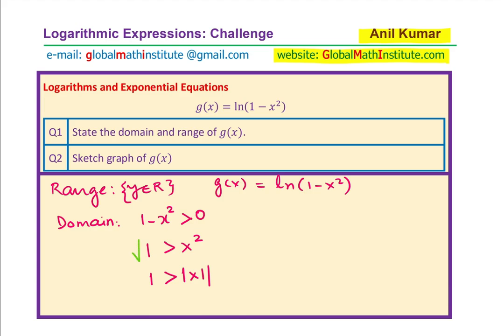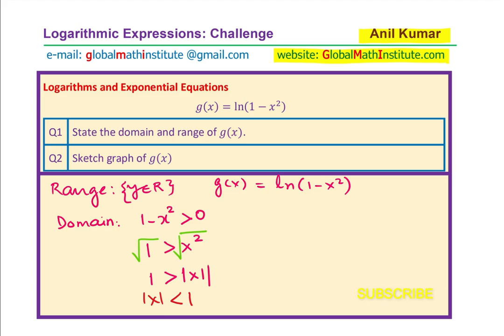So if I square root both sides, square root of x squared is absolute value of x. Remember that, okay? So we have absolute value of x. In other words, we are saying that absolute value of x is less than 1. So what is the domain of this particular function?